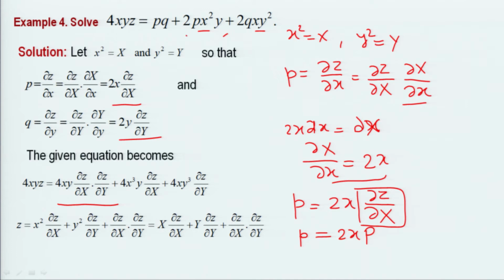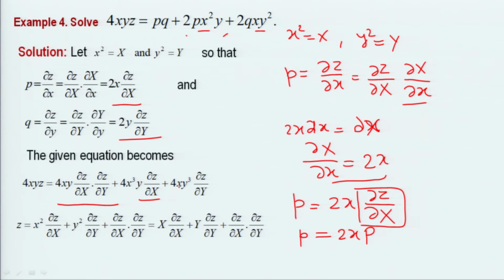And next is 2px square y, that is p is 2x, that is 4x cube y del z upon del x, plus 2qxy square, q is 2y del z upon del y, that is 4xy cube del z upon del y. To reduce it to type second, we divide this equation by 4xy.